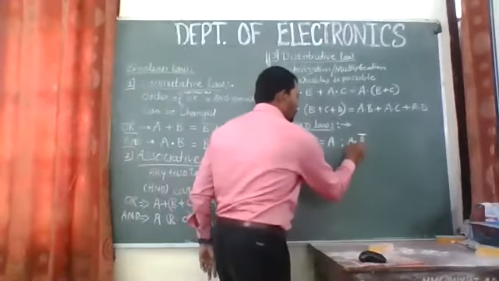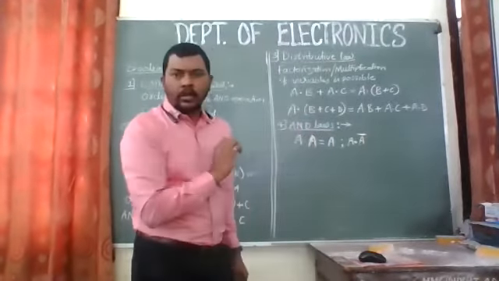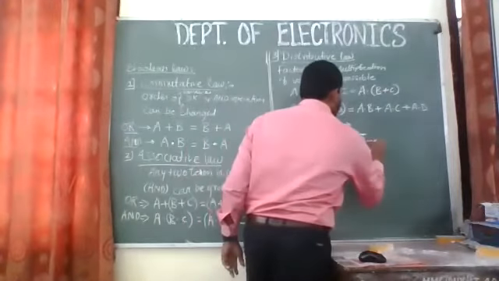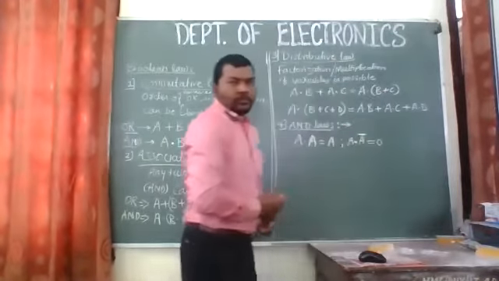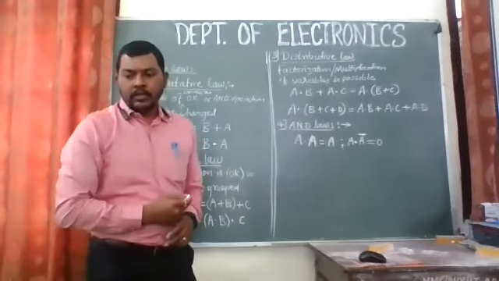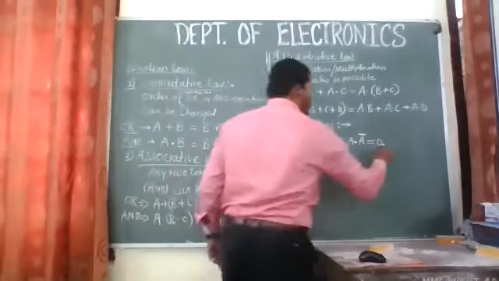I guess it is visible to you. A dot A bar is equal to 0.